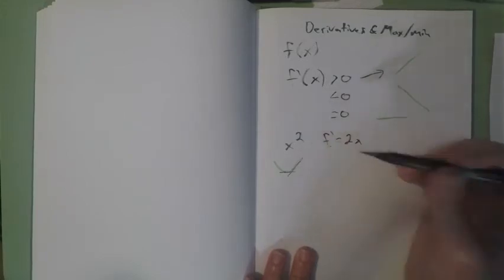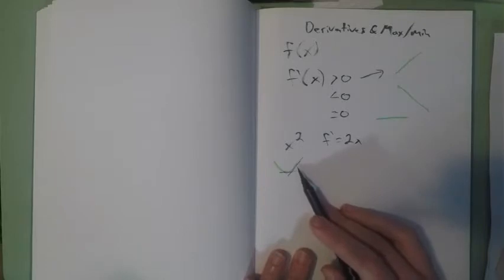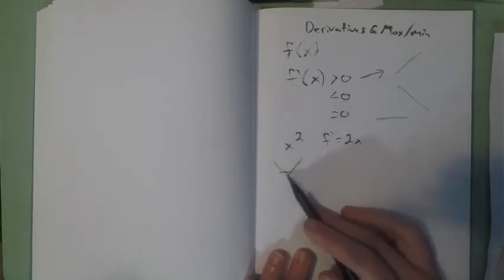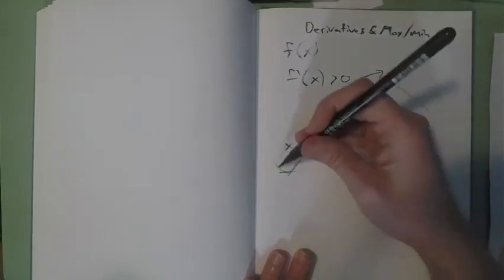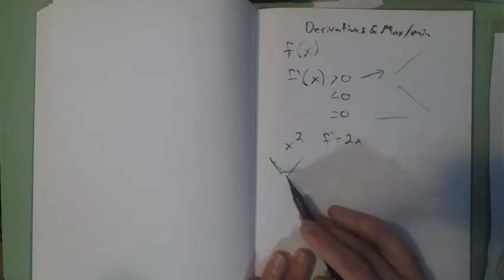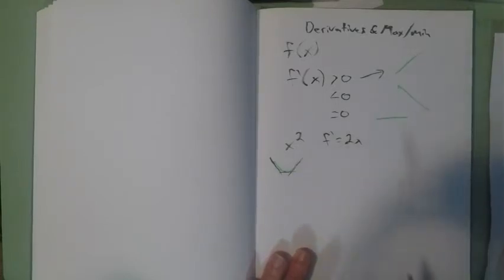It's positive over here, so 2x, if we plug in, say, a value of positive 5, our slope is going to be positive 10. And over here, we're going to have a negative slope. So f prime for, say, negative 5 is going to be negative 10, 2 times negative 5.